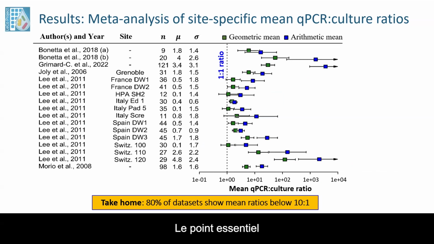The key takeaway is that while there's variability, for most sites, a simple default factor close to 1-to-1 is reasonable for interpreting qPCR data in risk assessment. Nevertheless, some studies deviate more strongly from the 1-to-1 line, and the application of the 1-to-1 factor could lead to highly conservative risk estimates. Now let's have a look at one potential moderator of this relationship.